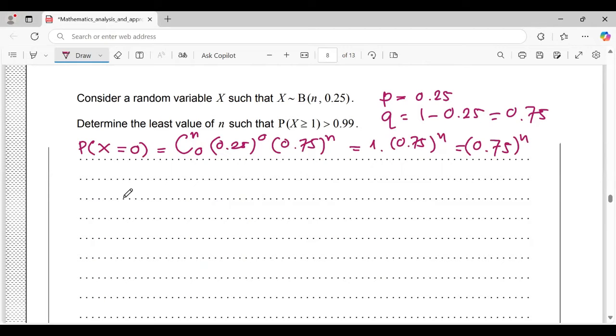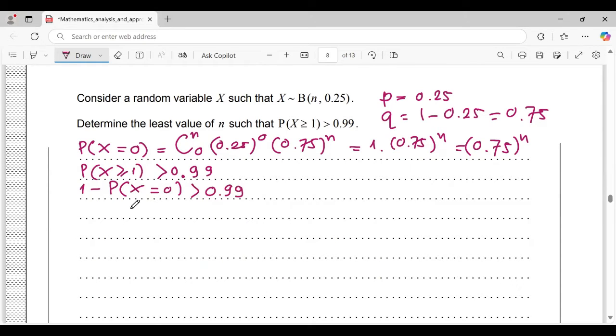Now probability x greater than or equal to 1 greater than 0.99, we can write as 1 minus probability x equals 0 greater than 0.99.